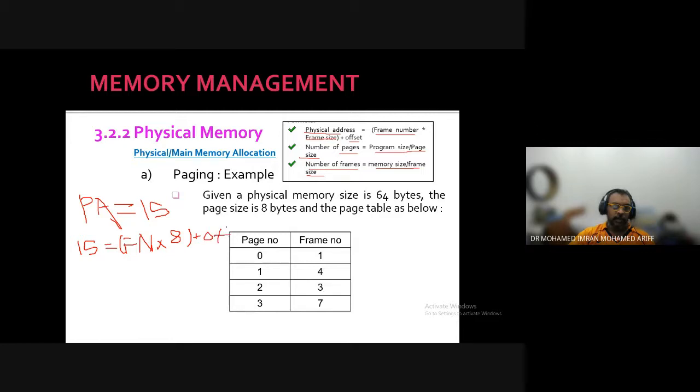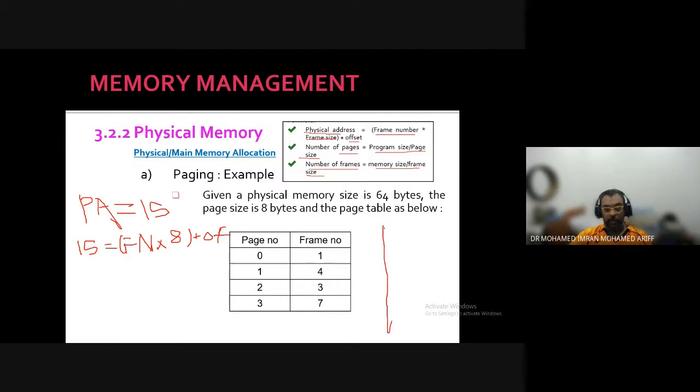Okay. This is what we know so far. We have the physical address, the question gave it. Frame number, we still have to find. And we have the frame size, same as page size. And we don't know the offset value. Now we have to find out our frame number. We do not know where 15 is inside this frame. So obviously we have to draw it out.